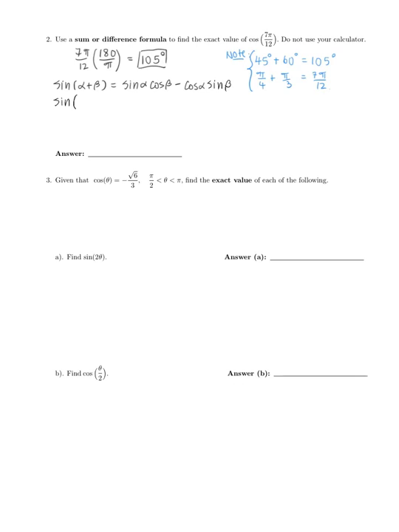Sine of, now alpha is going to be pi over 4, and the beta is going to be pi over 3. So if I expand this out, this is going to be sine of pi over 4 and cosine of pi over 3 minus cosine of pi over 4 and sine of pi over 3.